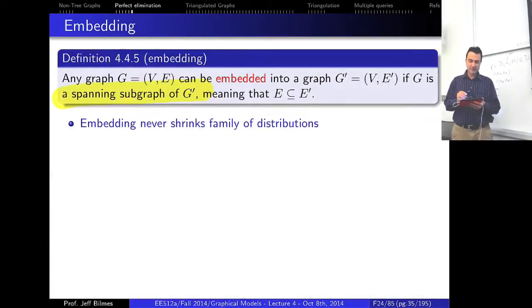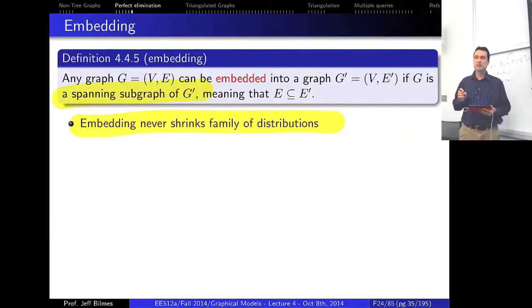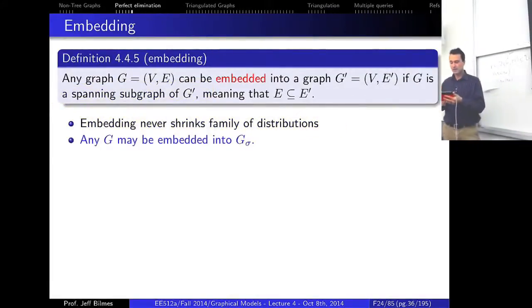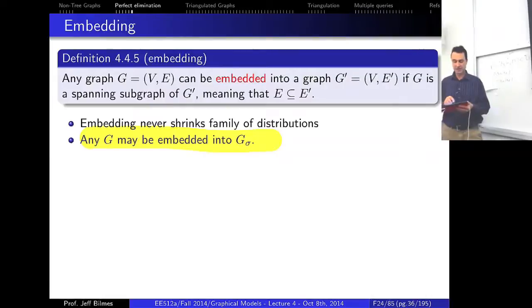And so basically, whenever we embed a graph into a larger graph, the embedding process never shrinks the family. What this means is that the elimination process where we add these additional fill-in edges gives us a graph into which we can embed our original graph. In other words, any G can be embedded into G sigma, where G sigma is the reconstituted graph corresponding to the elimination order sigma.